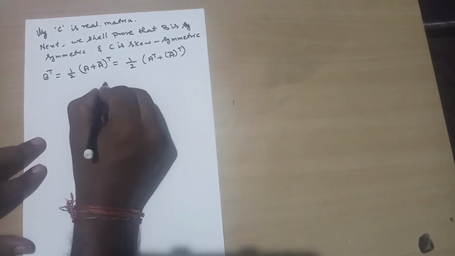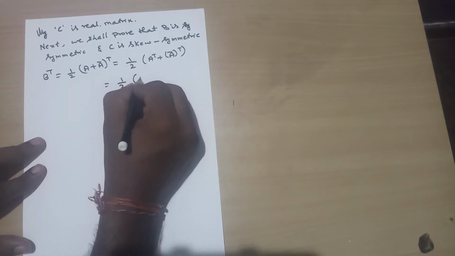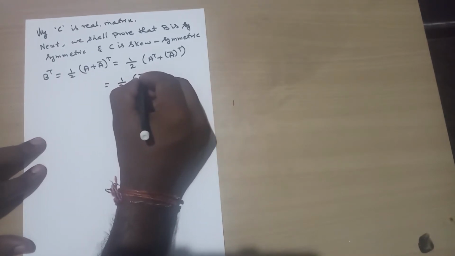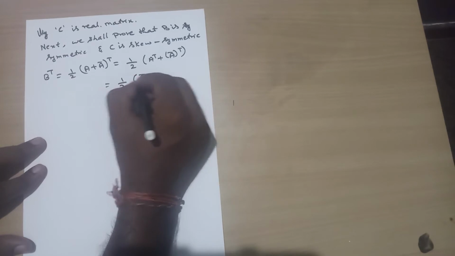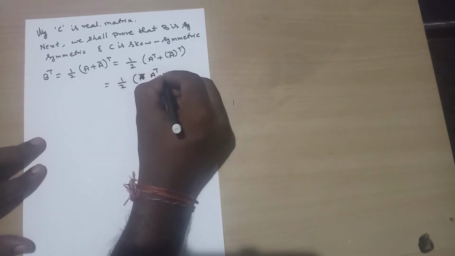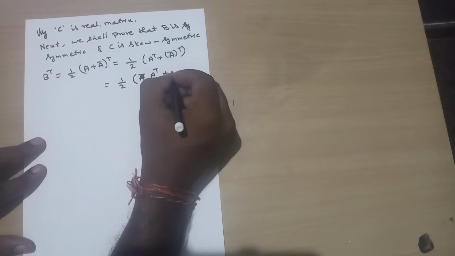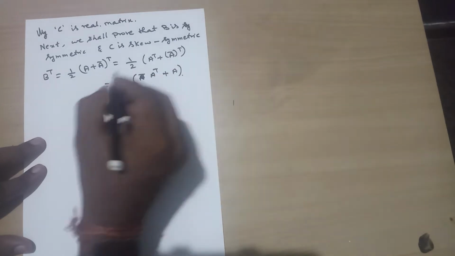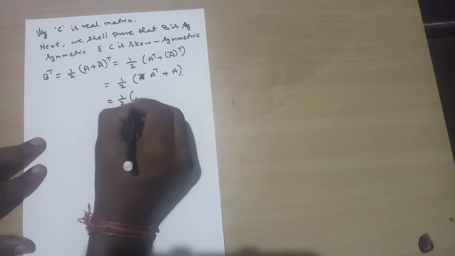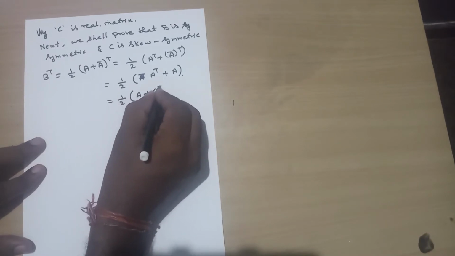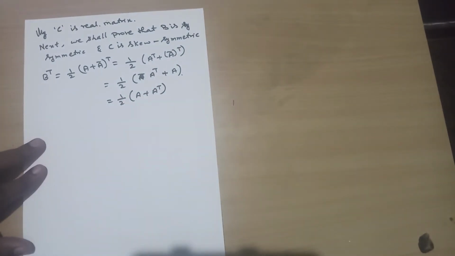So this can be written as 1 by 2 times of A transpose plus this becomes A. So this can be written as 1 by 2 times of A plus A transpose.